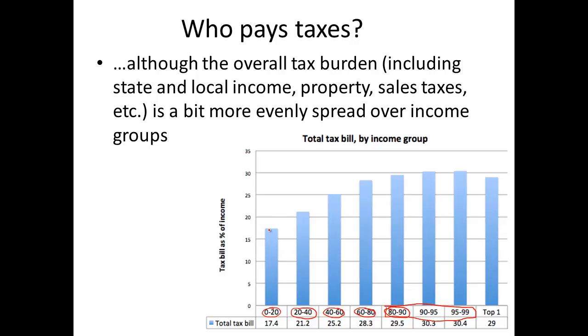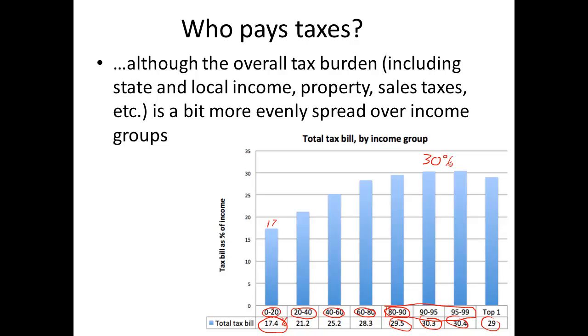And you see lower income folks pay roughly 17%. Here's a number down here, 17.4% of all their income in taxes. That's across all levels of taxation, federal, state, local, property, sales taxes, etc. And the higher income groups, here's the top 1%, they're paying 29%, the top 5%, the top 10%, the top 20%, they're paying about 30% of their income.